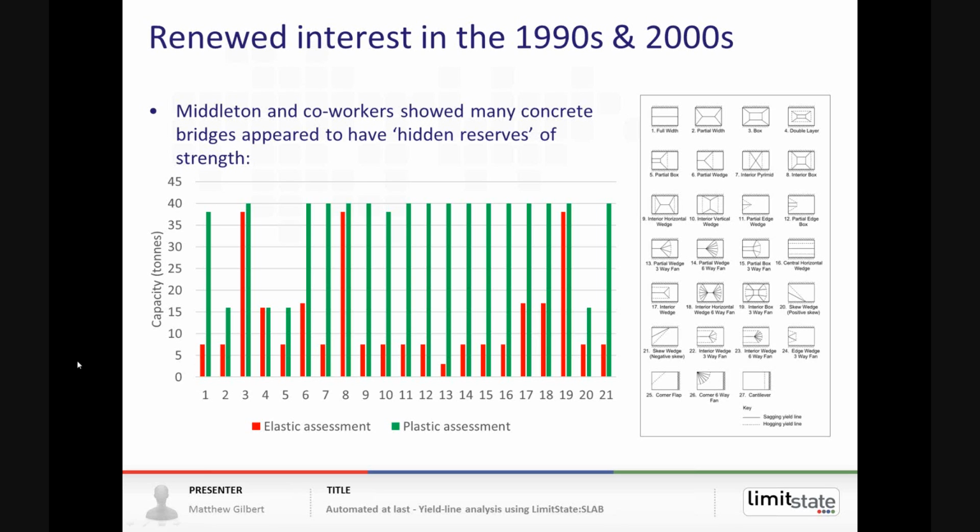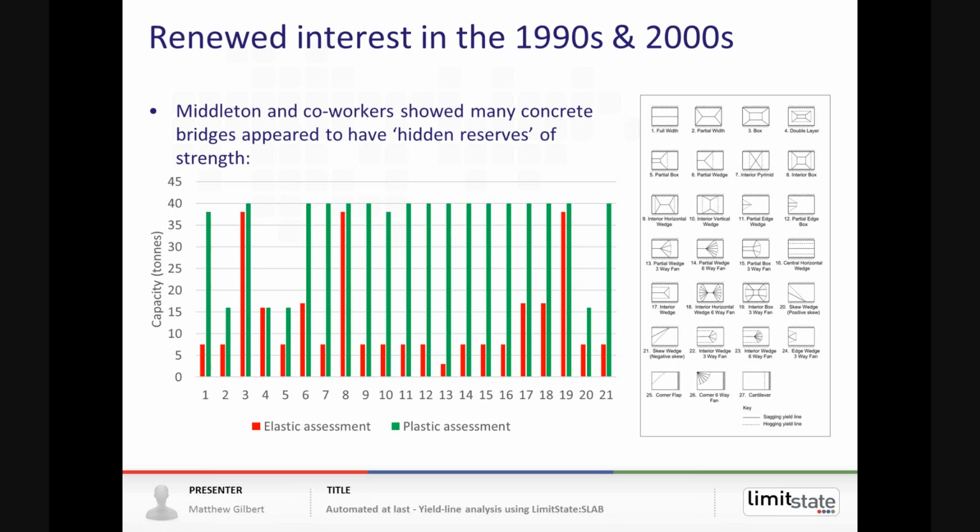So on this slide you can see the assessed capacity for 21 bridges. The red bar shows the elastic assessment, the green bar shows the plastic assessment, and in very many cases the green bar shows that the bridge can actually carry 40-ton vehicles, which is the required capacity for vehicles currently.